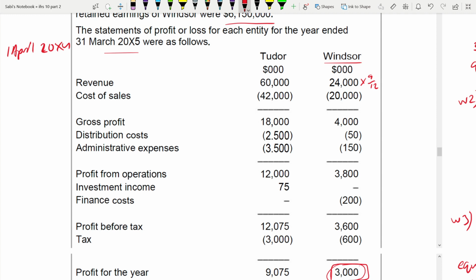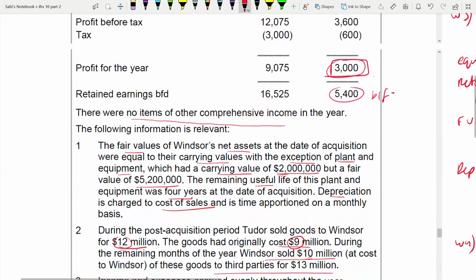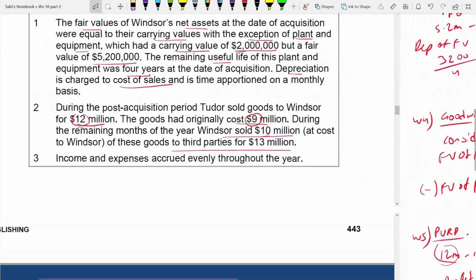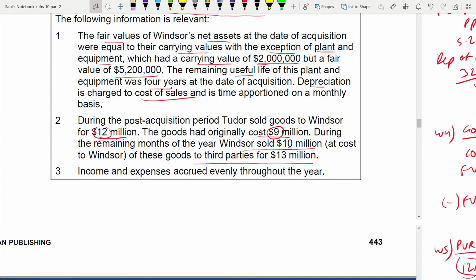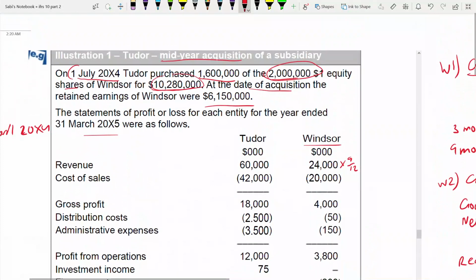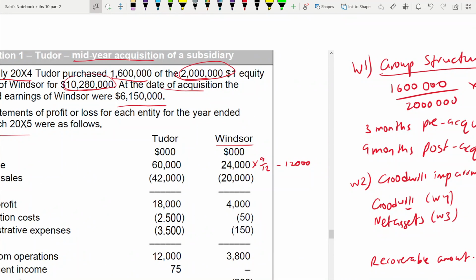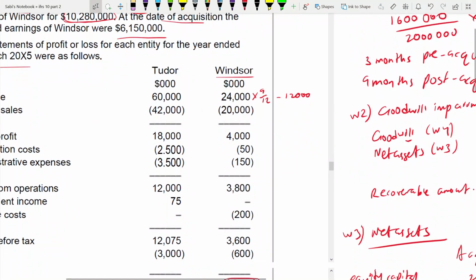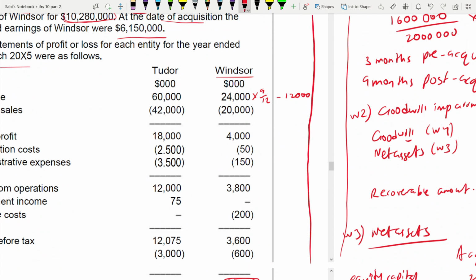You need to deduct any unrealized profit here. You see, you have made an intra-group sale of 12 million. This 12 million has to be deducted, intra-group sale. So you deduct 12,000, which will give you a total of 66,000.